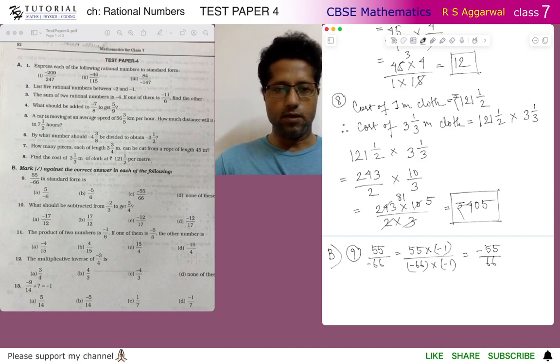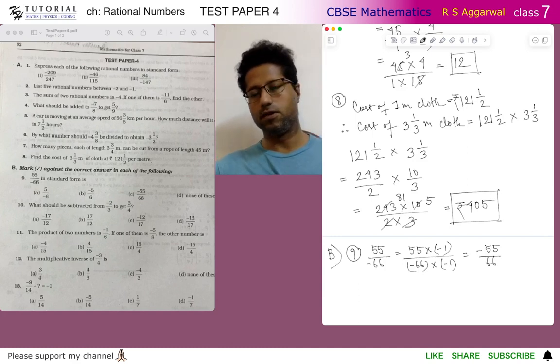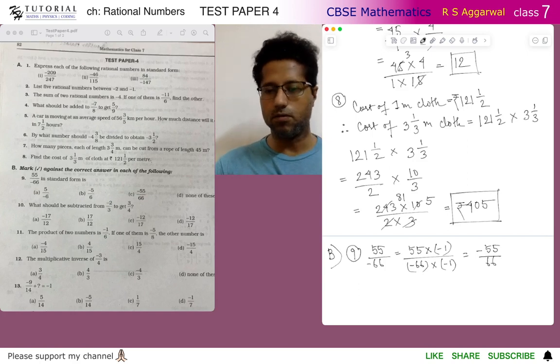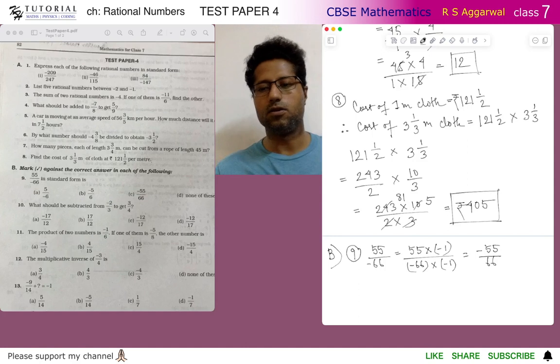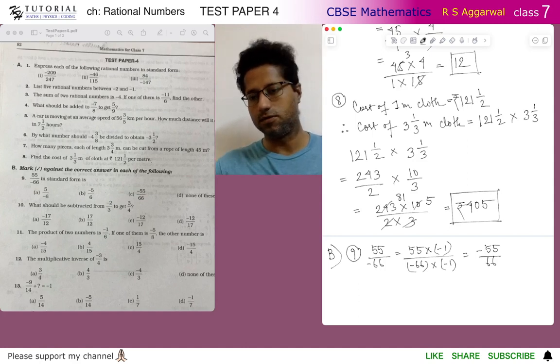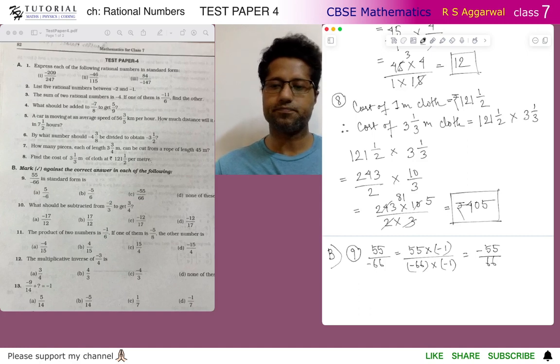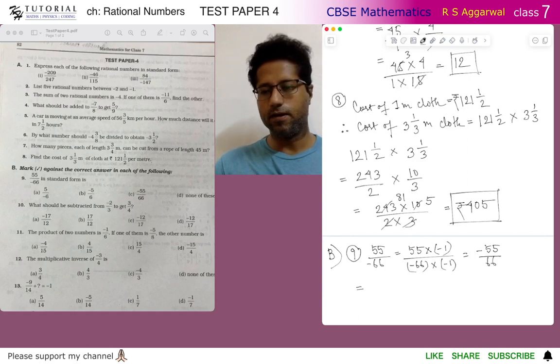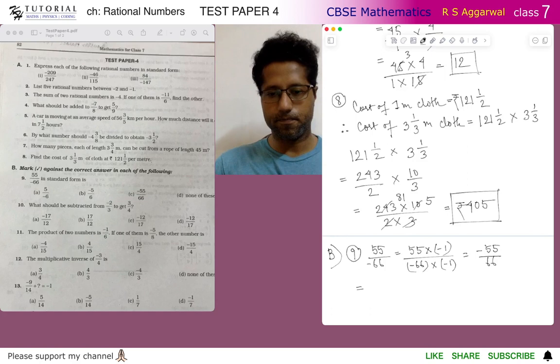Now, in standard form, we have to see if there is any common divisor of the numerator and the denominator. There should not be any common divisor of numerator and denominator. If there is, we have to divide the numerator and the denominator by the common divisor, and in this case we see that 11 is the common divisor. So we divide both the numerator and the denominator by 11.